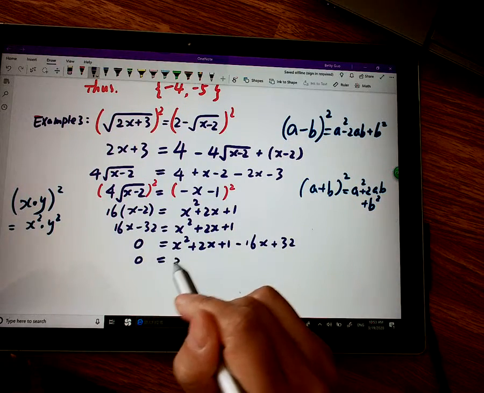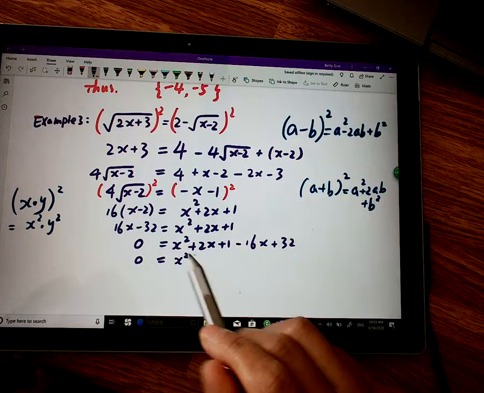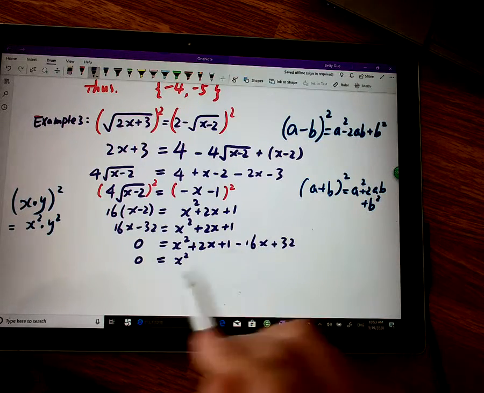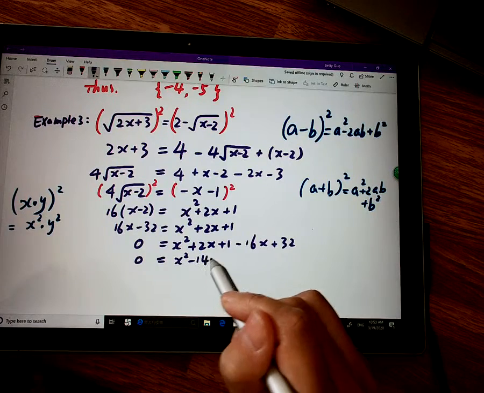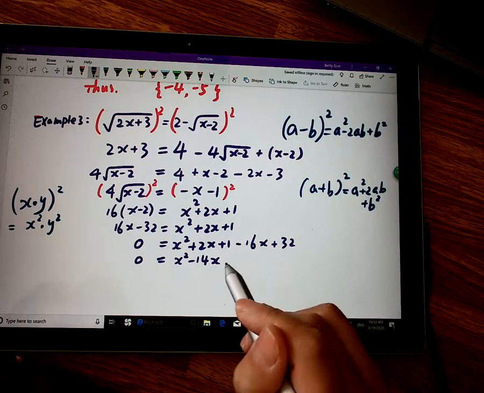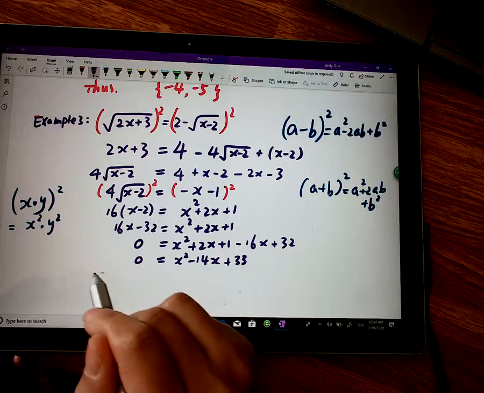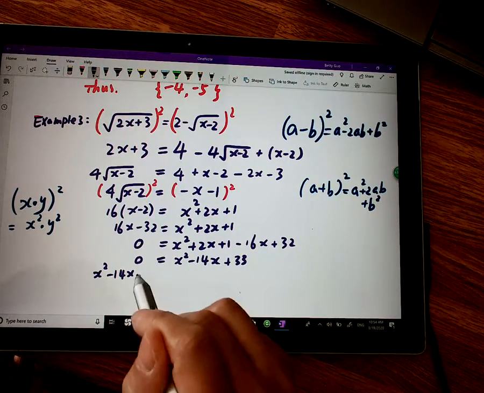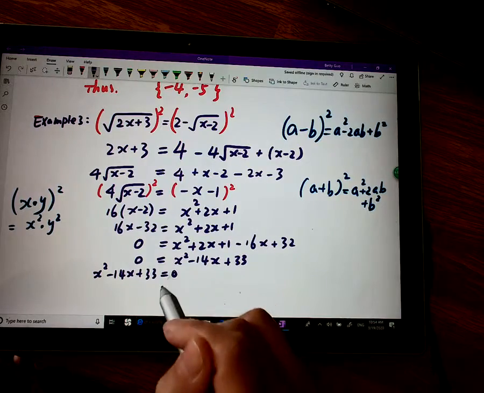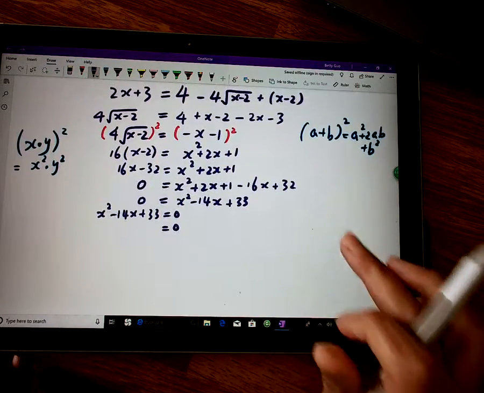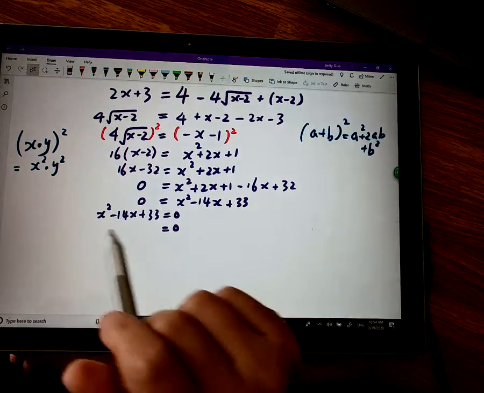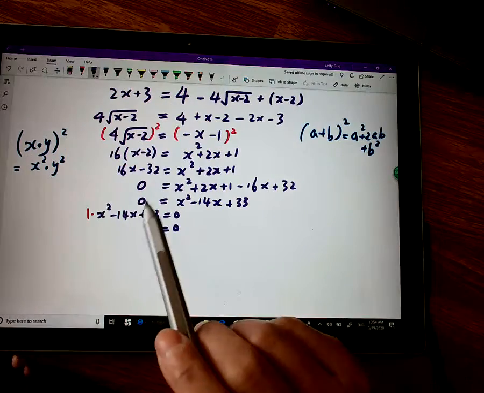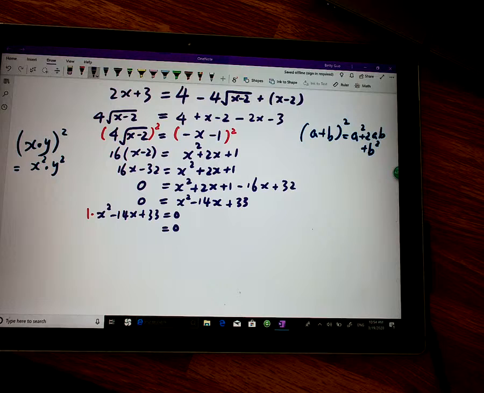Combine like terms. x squared by itself. 2x and negative 16x are like terms. We combine them, and we have negative 14x. 1 plus 32, 33. Switch the sign so we get 0 on the right-hand side, right? Okay, on the left right now we have a quadratic trinomial with a leading coefficient 1. Shortcut method. You might ask, could I use the quadratic formula?